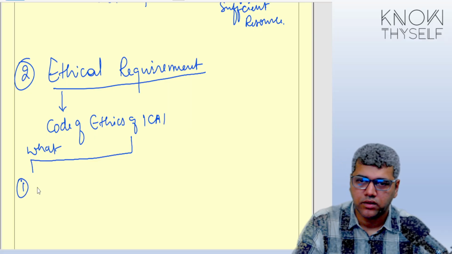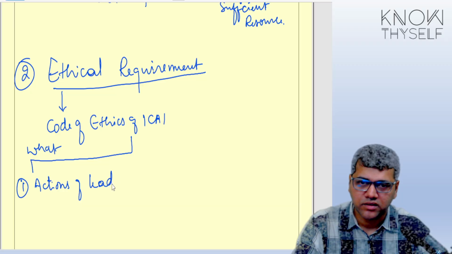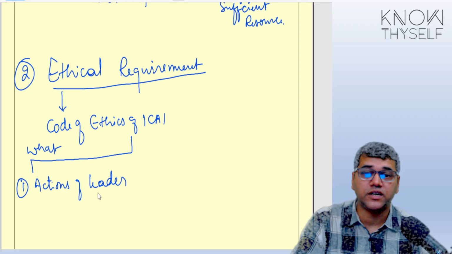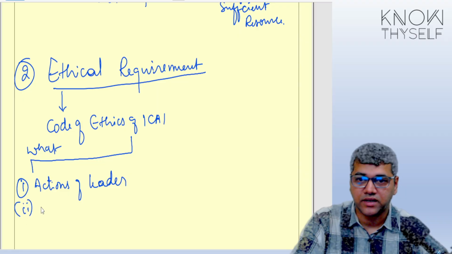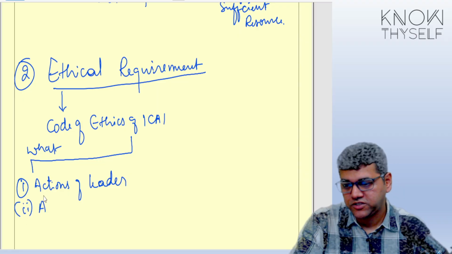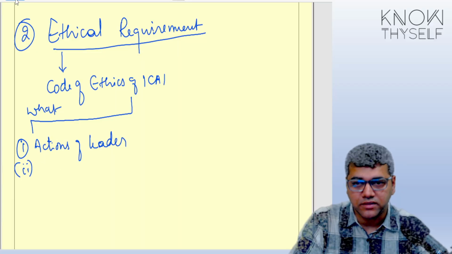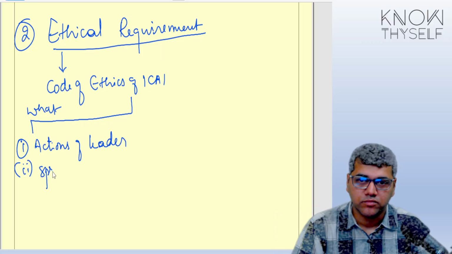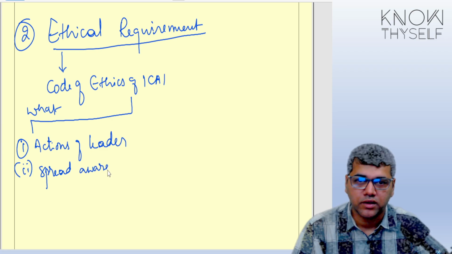One, actions of leader. The leader's actions should demonstrate fundamental principles compliance. Second, spread awareness. You have to bring that awareness, like the next new generation, you need to tell what you mean by code of ethics. I told my example of my daughter.